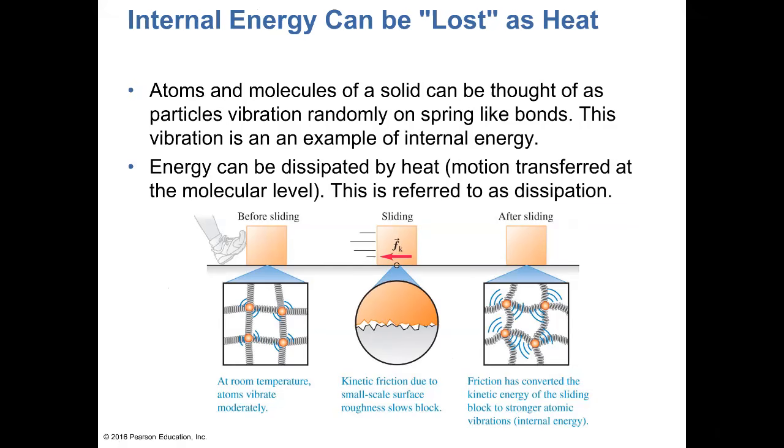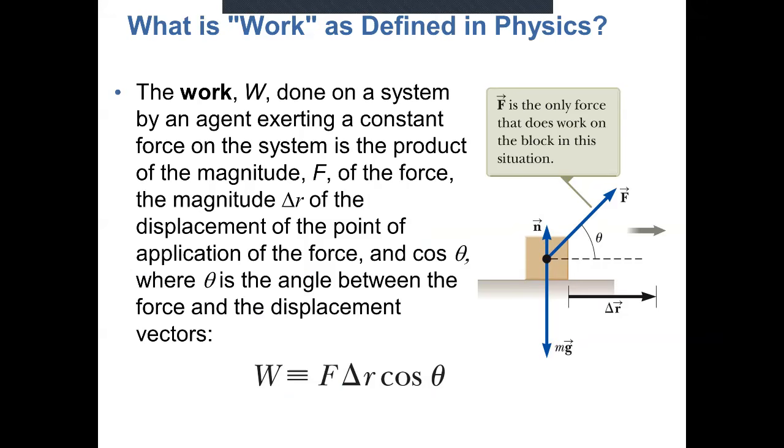Well, what happens to that 20 joules? Maybe that 20 joules was lost to heat, all right? And heat is a type of energy that you cannot bring back anymore. Once you lose energy to heat, it's pretty much gone. Nothing you can do about that, right? So that's what we have in terms of energy being lost to heat, and we will see some examples of that as well.